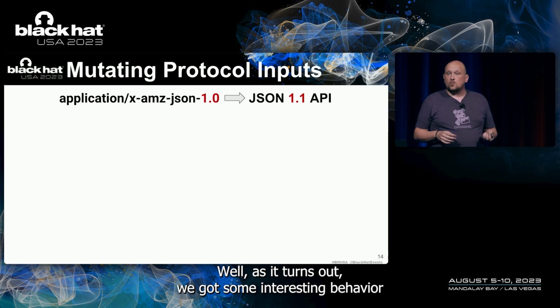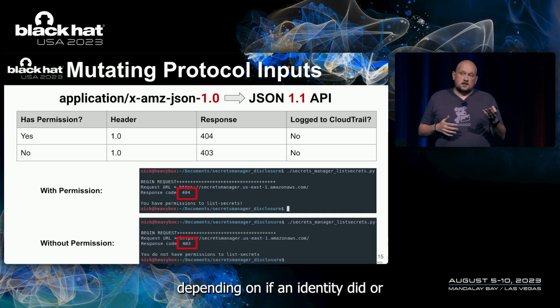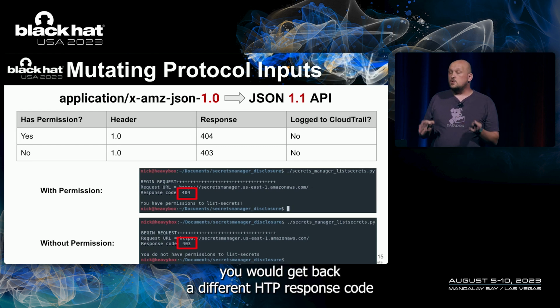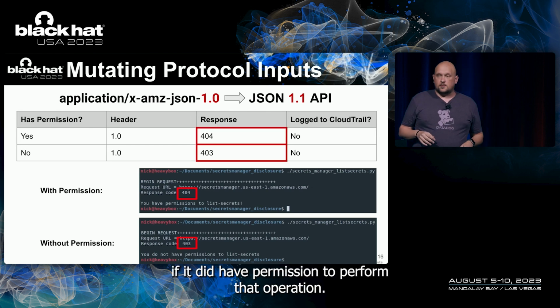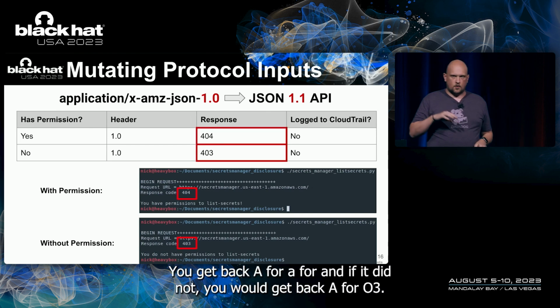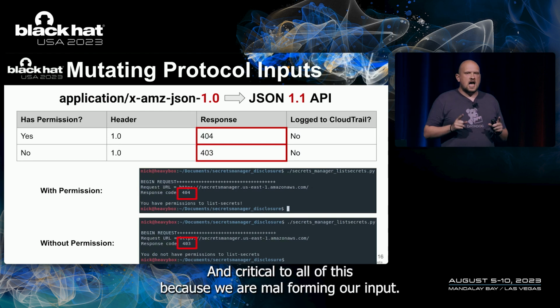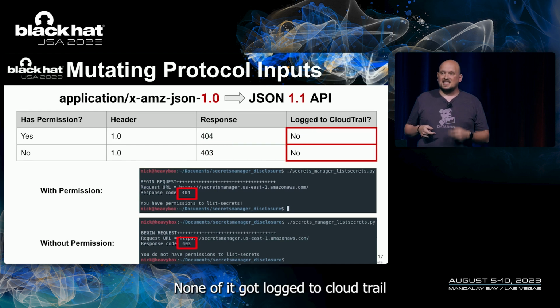Well, as it turns out, we got some interesting behavior. Depending on if an identity did or did not have permission to perform a certain API operation, you would get back a different HTTP response code. If it did have permission to perform that operation, you get back a 404. And if it did not, you would get back a 403. And critical to all of this, because we are malforming our input, none of it got logged to CloudTrail.